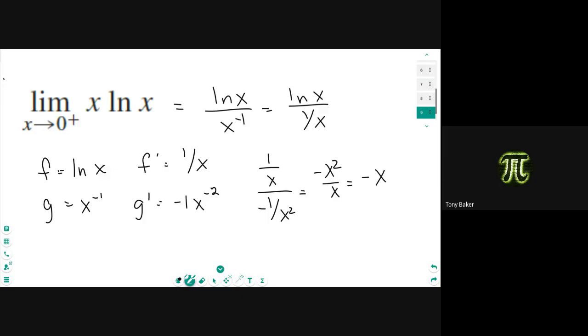Which that limit, as x goes to 0, it doesn't make a difference from which direction at this point, is 0. The reason that the coming from the right side has to be there is because ln of x doesn't exist on the other side of 0.